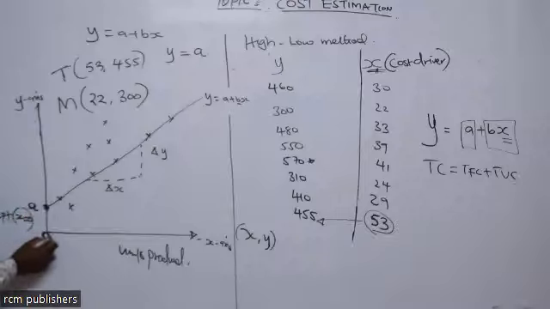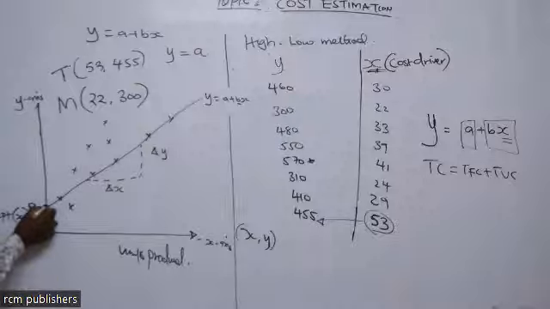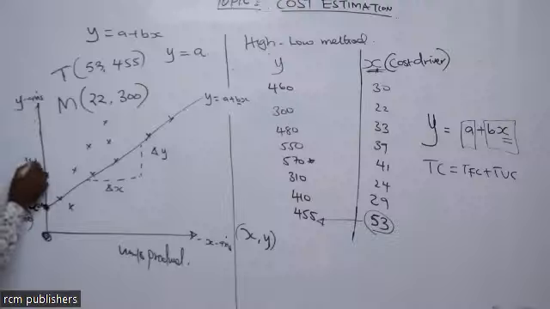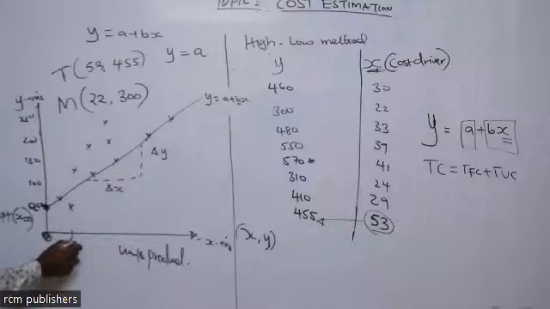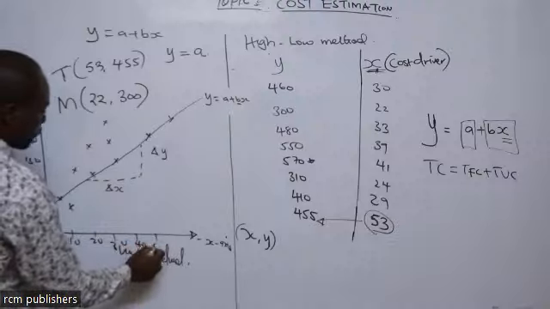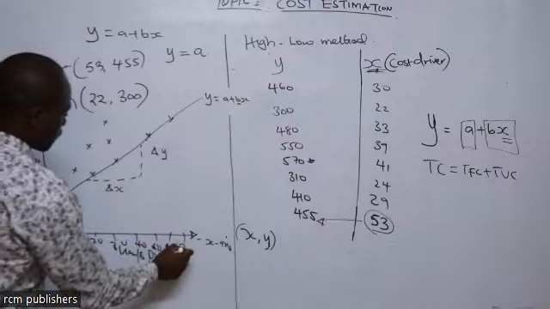Here, this is the origin of x. So when x is 0, what do we have as the already captured value of y? So maybe we have 50, 100, 150, 200, 250. Here is 0, 10, 20, 30, 40, 50, 60, 70.